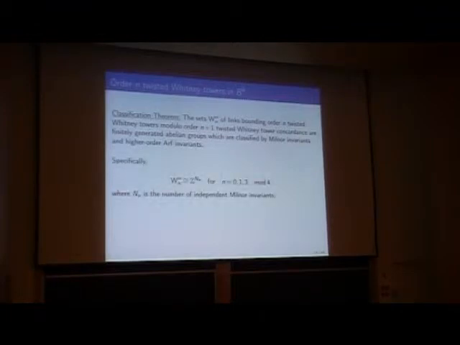So in particular, in 3 out of 4 cases, we get these free abelian groups of known rank. So this N sub n is the number of independent Milnor invariants. So it's a known number.